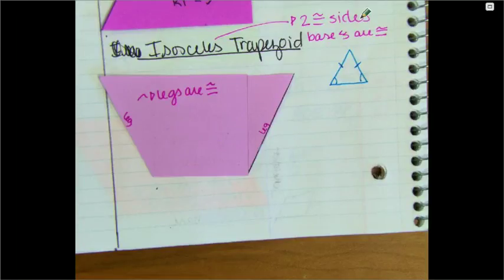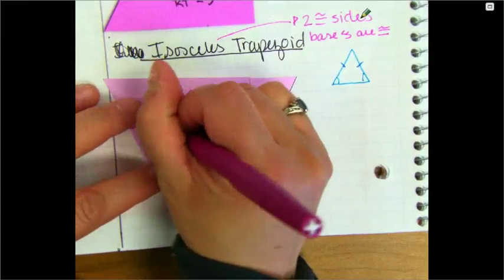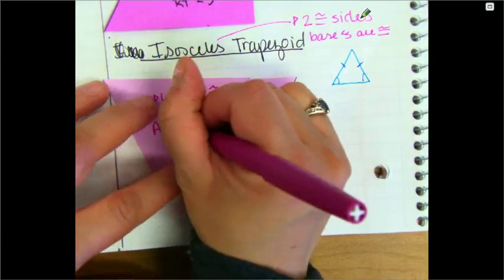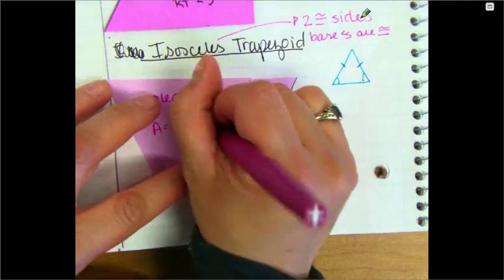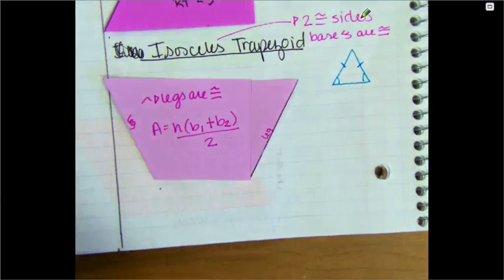Okay. And lastly, our formula. Do you think our formula is going to change for area? No, it's the same. Area is equal to height times what? Base 1 plus base 2 all over 2. Very good.